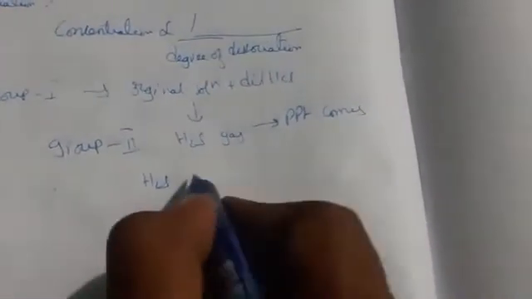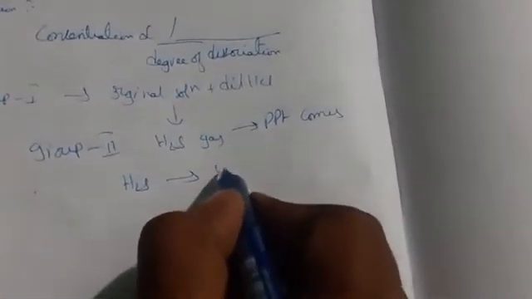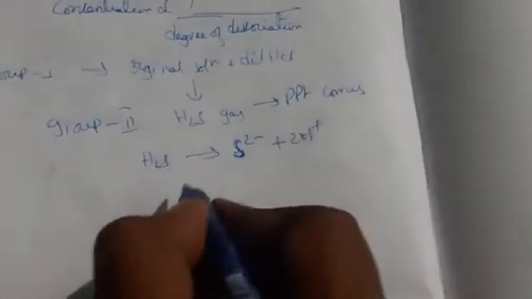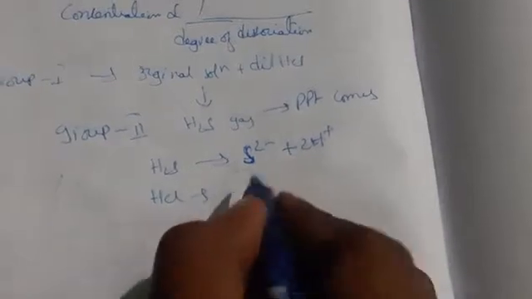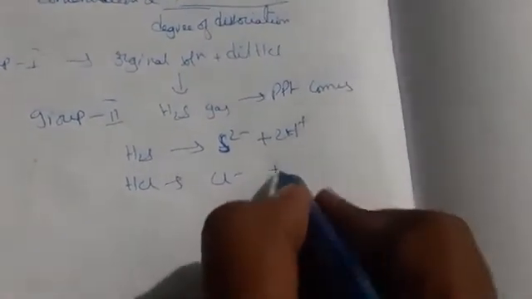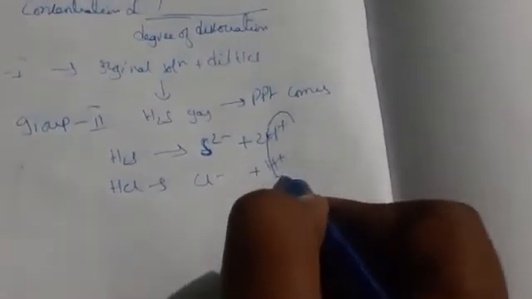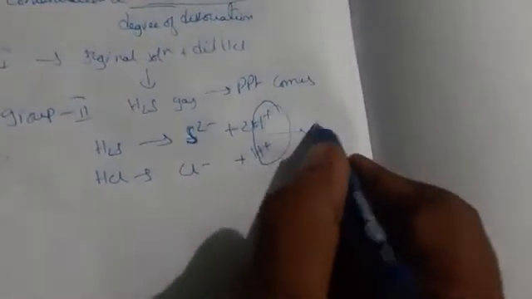For H2S, there will be S2 minus plus 2H plus. For HCl also there will be Cl minus plus H plus. So there is a common ion in this, that is hydrogen. For group 2 cations also we are getting the common ion.